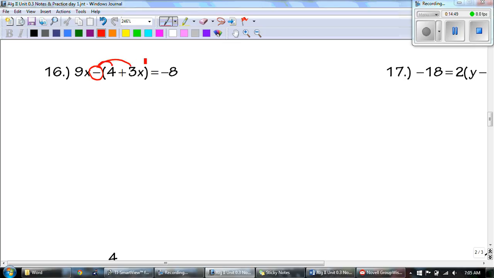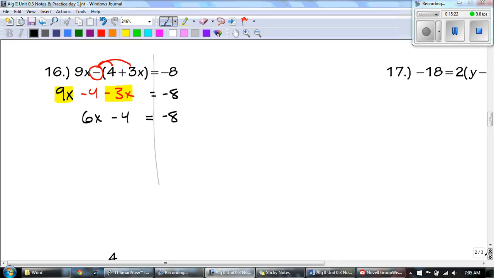Look for the parentheses, see if we can do what's inside, which we can't. And I want you to distribute that negative, okay? So we have 9x, and I'm distributing the -4, and then the -3x, and that equals -8, okay? I notice that I have like terms, so I can combine those. 9 minus 3 is 6x minus 4 equals -8.